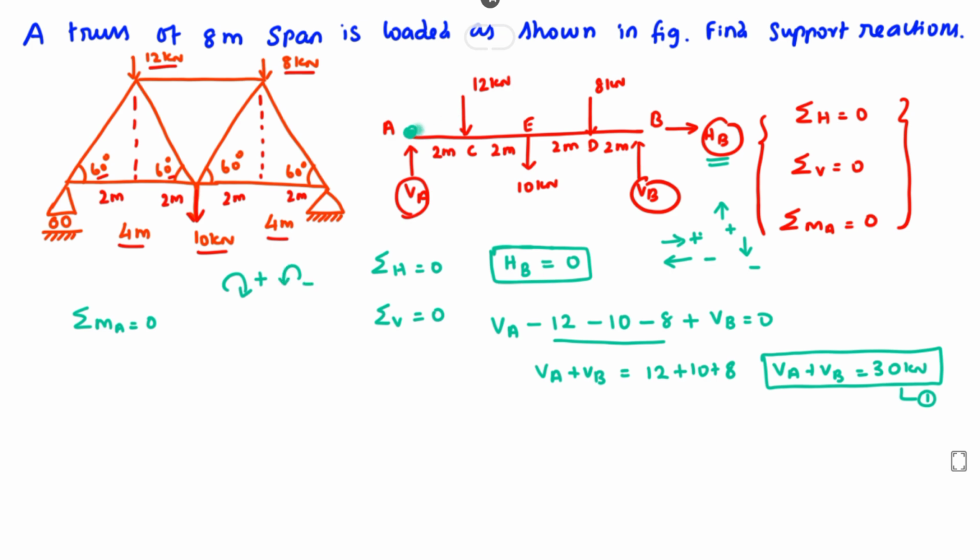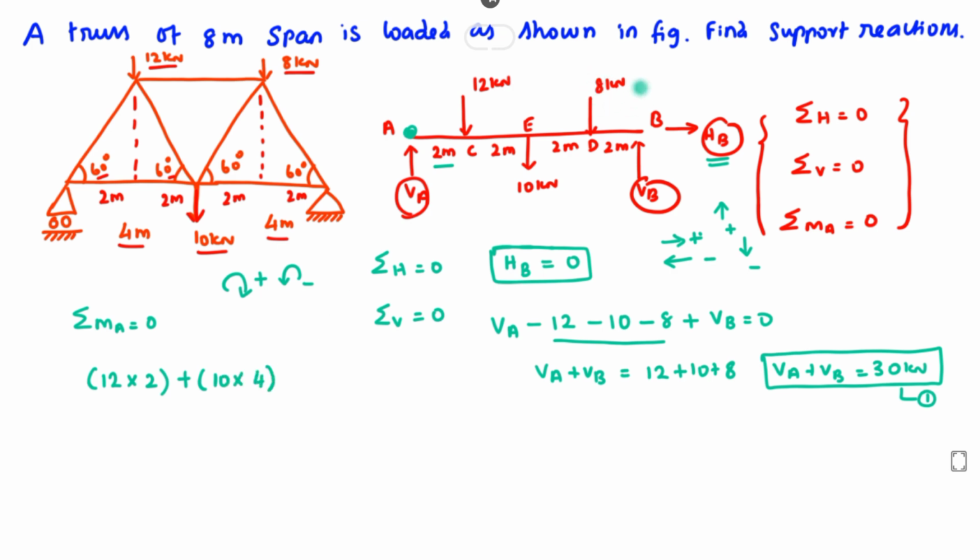About A, the 12 kilonewton is in the positive direction, so 12 into 2 meter. Again we have the clockwise force of 10 kilonewton, positive 10 into 4 meter.